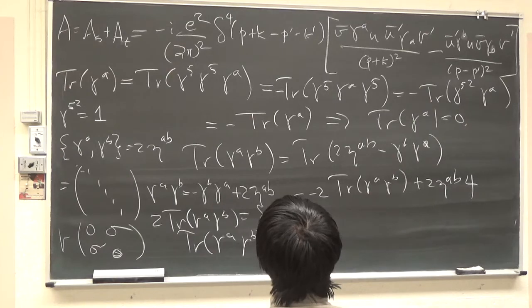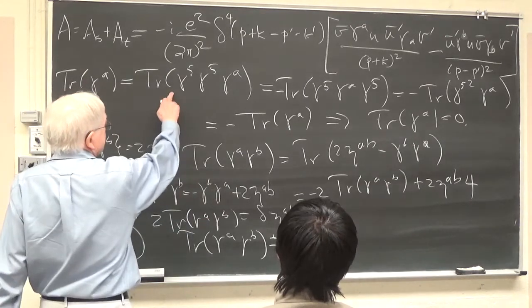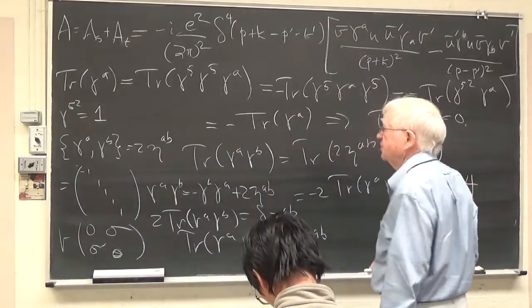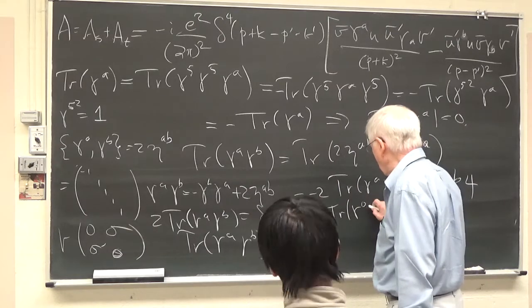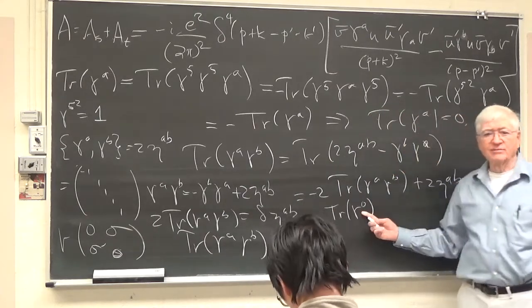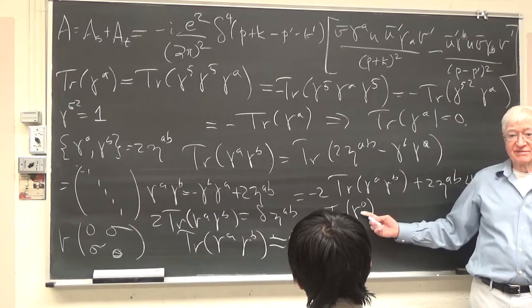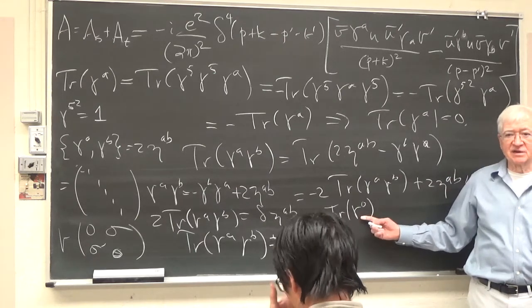Another trace identity is the trace of an odd number of gamma matrices is 0. And for that, we just imitate this. So let's see if I can do it here. Trace, and I'm going to write it as gamma O. Gamma O is the product of an odd number of gamma matrices. Any odd number, 3, 9, 11.